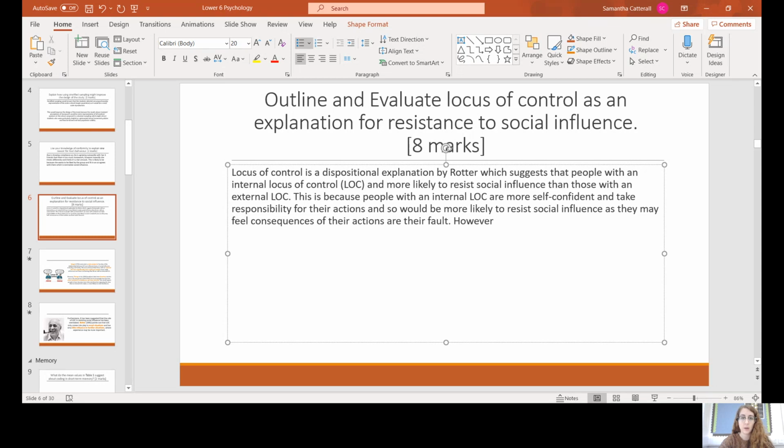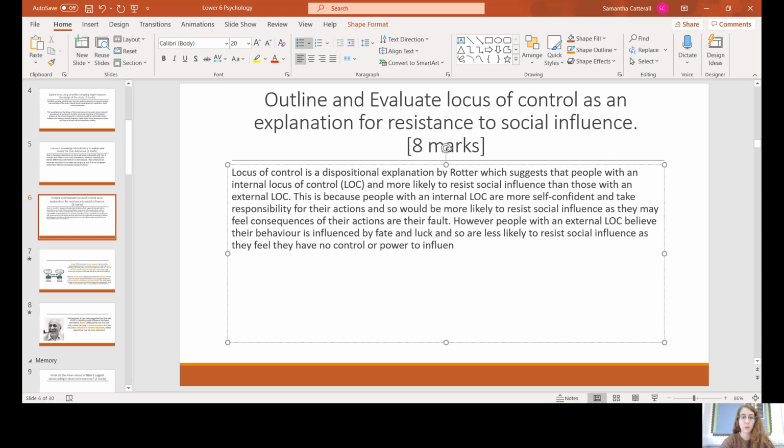However, people with an external locus of control believe their behavior is influenced by fate and luck, and are less likely to resist social influence because they feel they have no control or power to influence their situation.